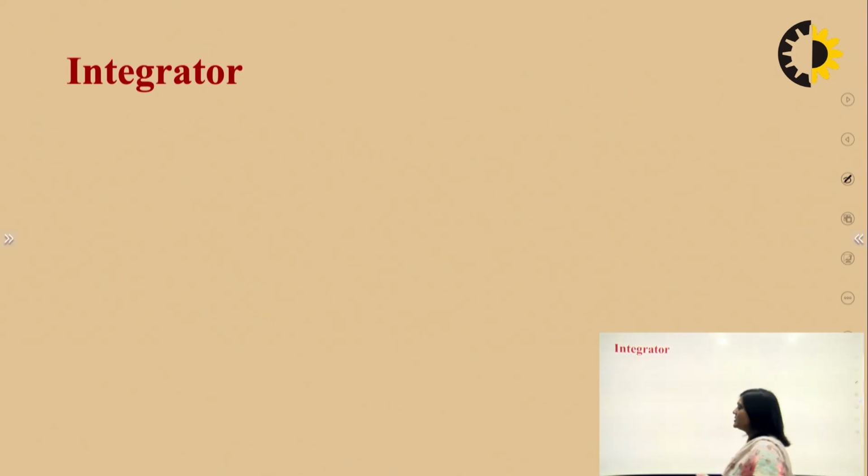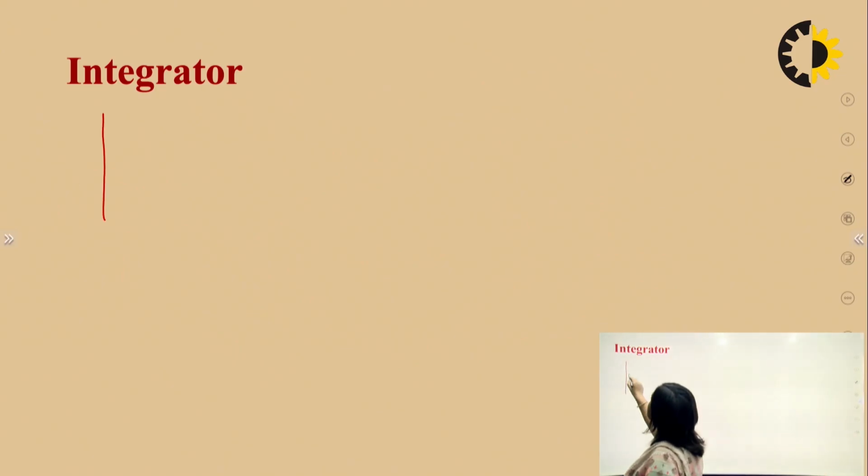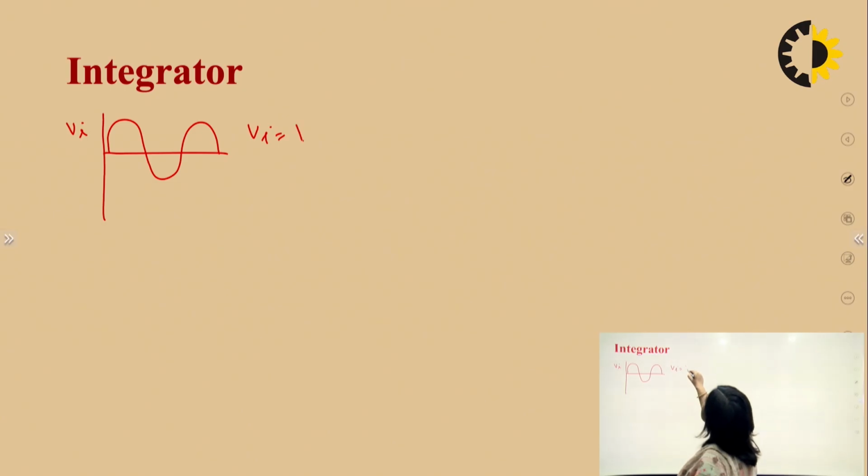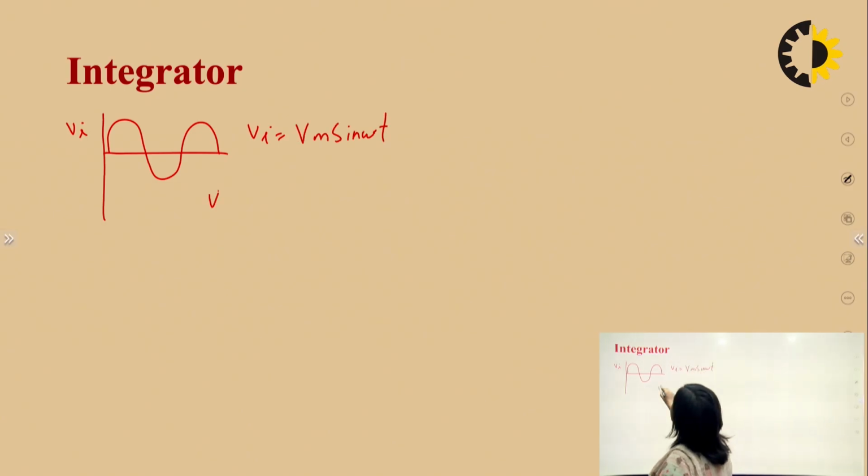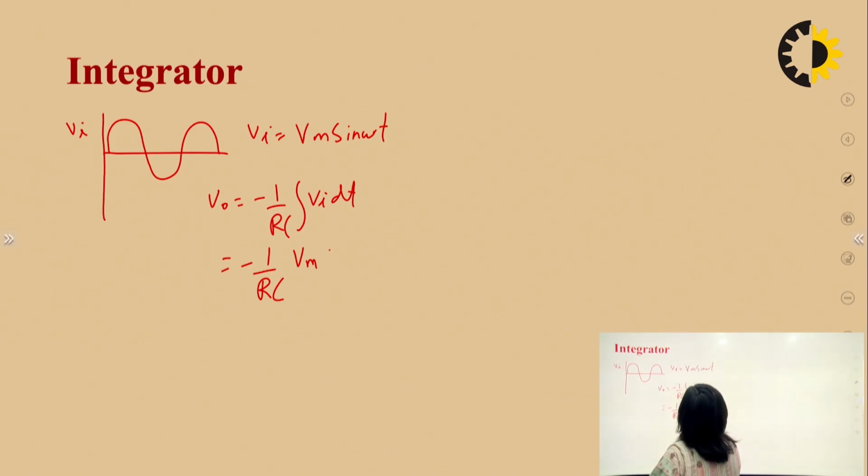Like if we apply a sine wave, this is our input VI, where VI is equal to Vm sin omega t. The output will be equal to minus 1 upon RC integral of VI dt. So it will be minus 1 upon RC times Vm cos omega t, with a minus sin plus.